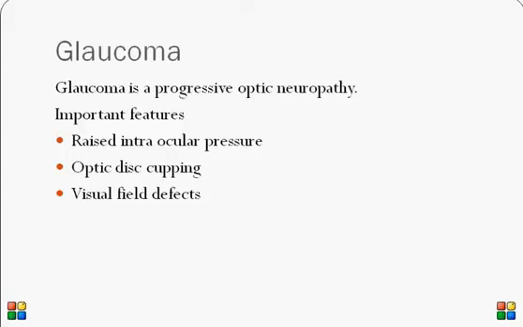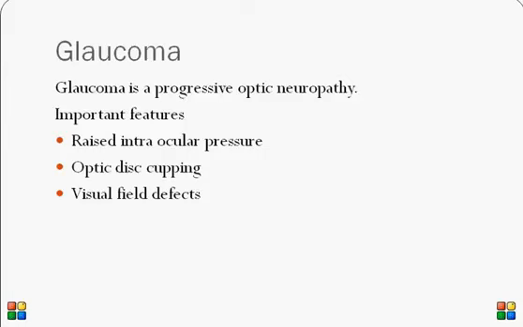That is, there is a progressive decrease in the optic nerve function, and the major risk factor for this progression of optic neuropathy is increased intraocular pressure. There is something called as normal tension glaucoma. We are not going to discuss that at this moment. We'll try to understand some basics of glaucoma.